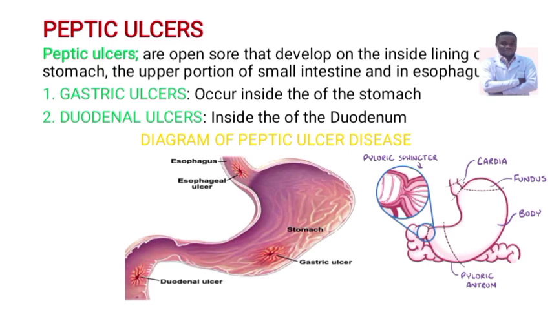That means if the chyme from the stomach has a low pH, when it reaches the duodenum its pH has to rise through the aid of bicarbonate ions secreted by the Brunner glands. That is about the peptic ulcer, the parts of the stomach, and how the pH changes from the stomach into the duodenum.